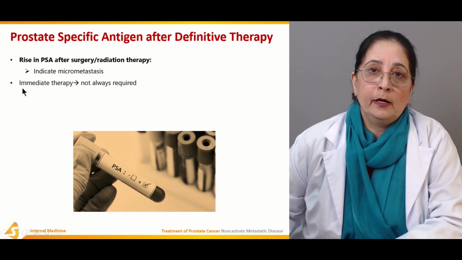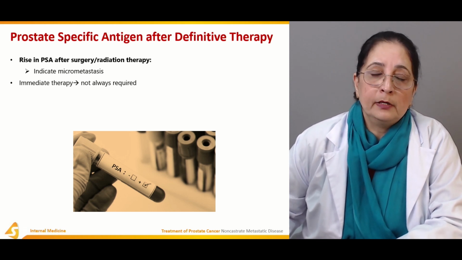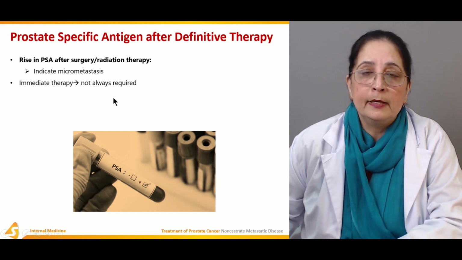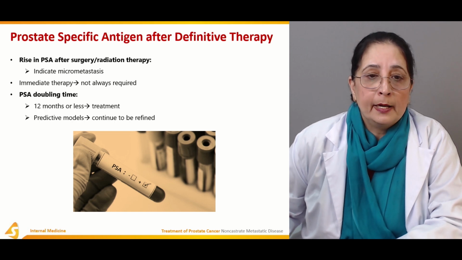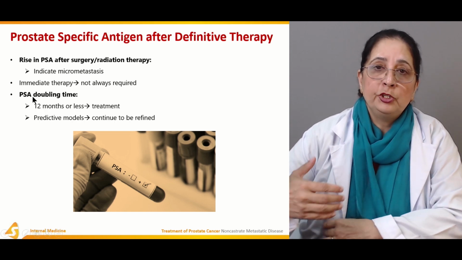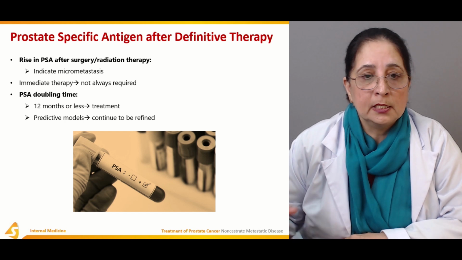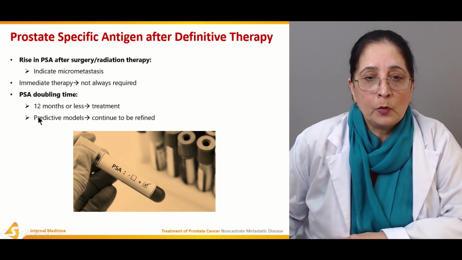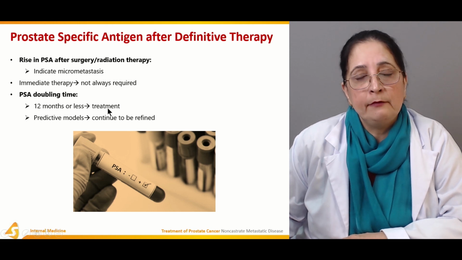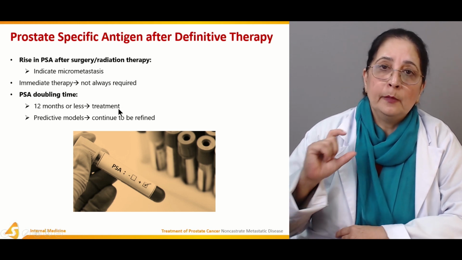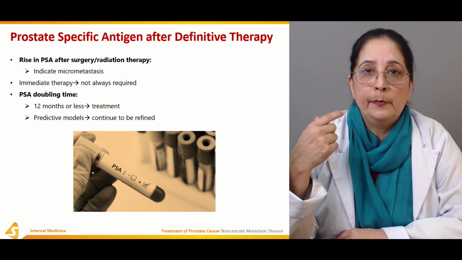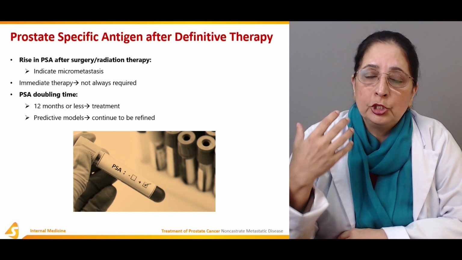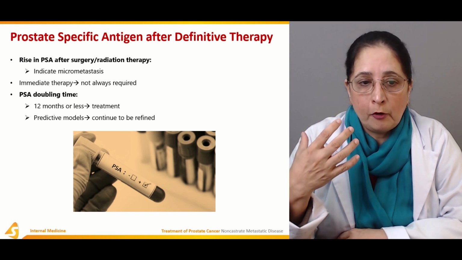The immediate therapy after finding out the micrometastasis may not always be required, but it's important that we should know the prostate-specific antigen doubling time. If it's 12 months or less, then we need the treatment. So if the level doubles in less than 12 months, usually the treatment is performed.